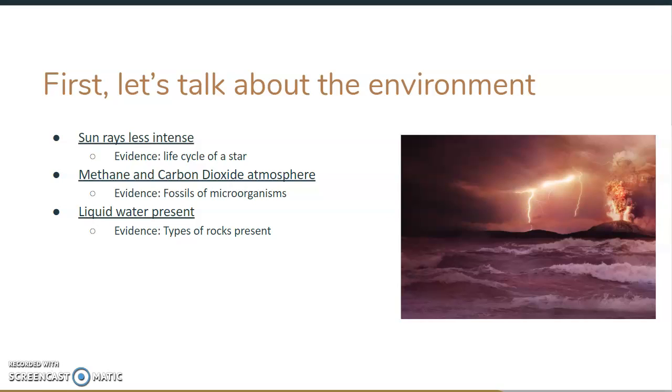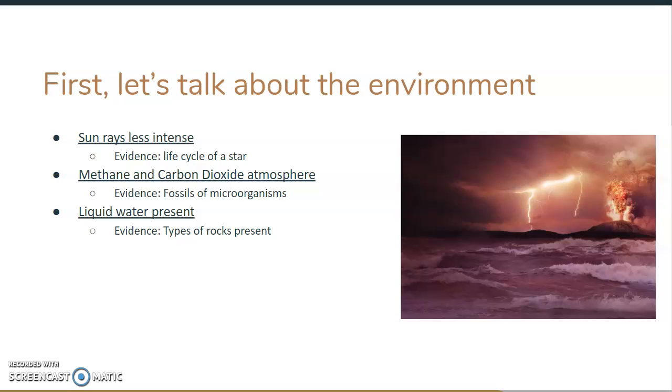A rock that was produced by lava looks very different than a rock that was produced by being close to water in a sandy area. So if we see rocks that are called sandstones, sand being the main material inside, it shows us that there was liquid water present, because sand is always near some kind of water.